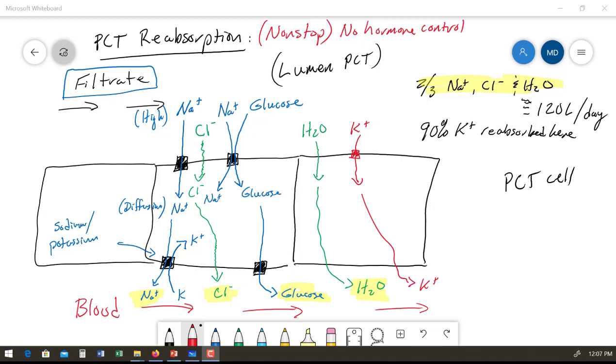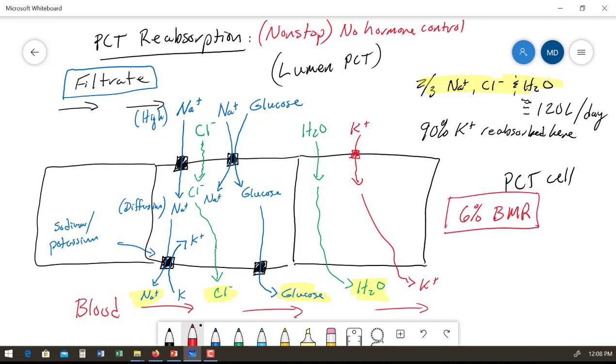Now, the last thing I want to add here is that you actually have to expend a lot of energy in order to maintain this reabsorption rate. We expend about 6% of our basal metabolic rate just in this area, for instance running the sodium potassium pumps.